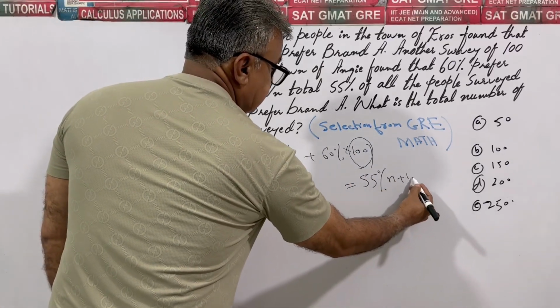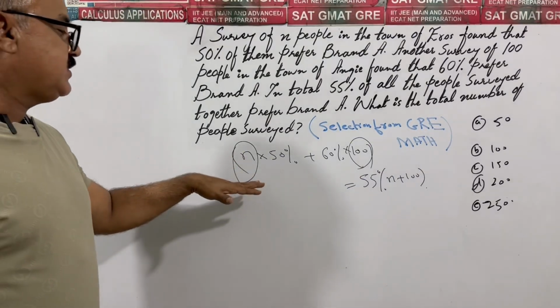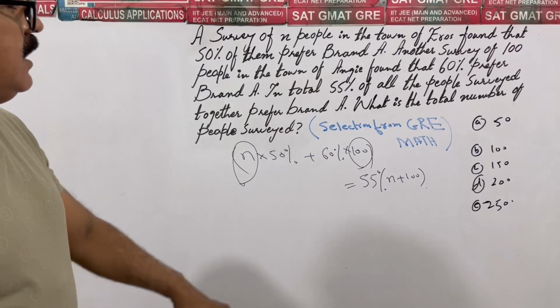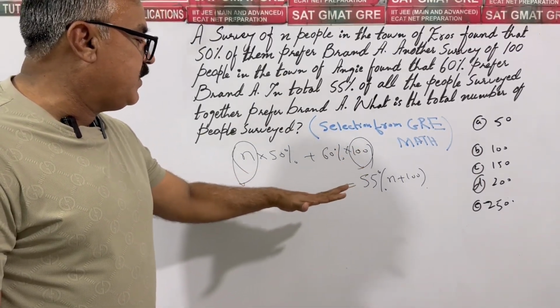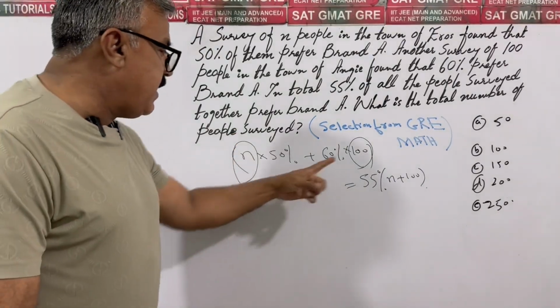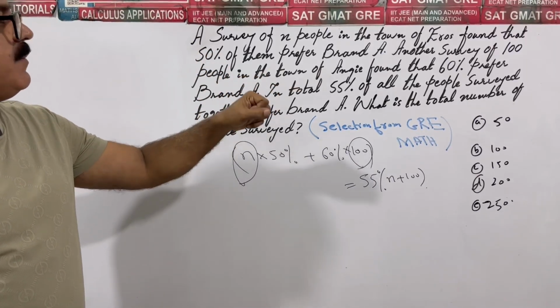N plus 100. From Eros, 50% of the people preferred brand A, while from NG, 60% of 100 preferred brand A. In total means N plus 100, N from Eros and 100 from NG.